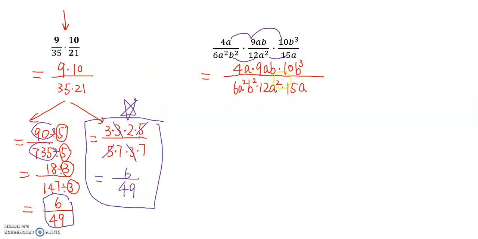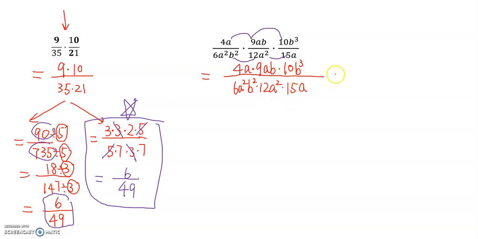We can go ahead and cross them out. Say there's a top A that cancels this bottom A here. We can do that. And then we see there's another A here that can cancel one of the A's here. And the B cancels that B. So it's possible to do that, but it is a little bit messy.